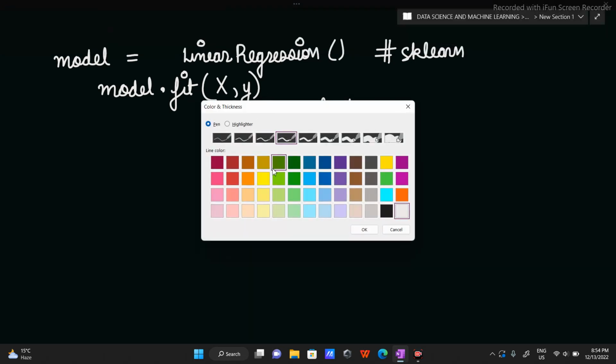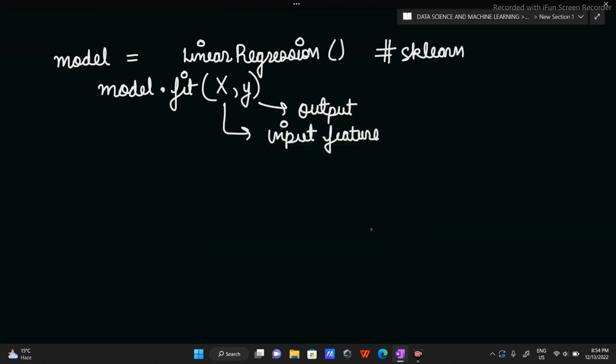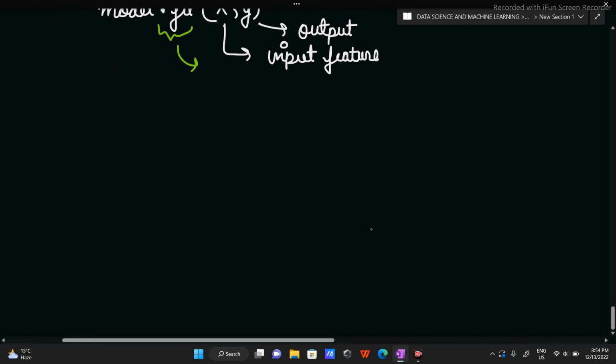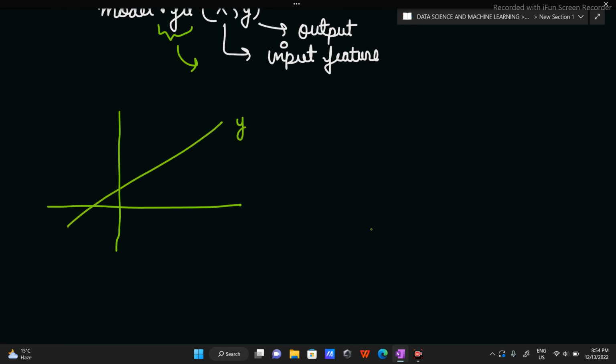But what we don't know is what happens inside this fit function, because we didn't implement any of this. So we need to know what happens inside this linear regression model. What we know is linear regression finds the best fit line for us, which is y hat equal to mx plus c, and let's say this is y and this is x.